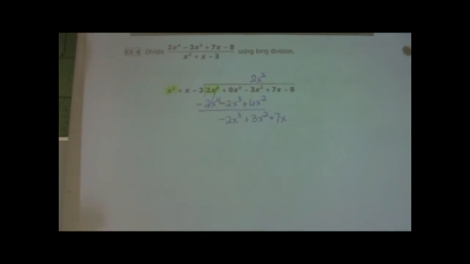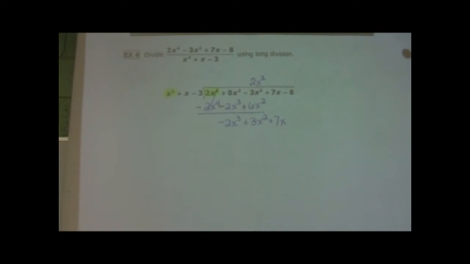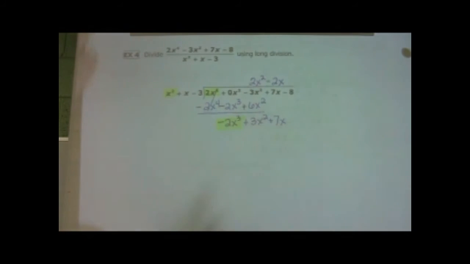All right? Now, I'm going to look at that x squared out in the front. What do I need to multiply it by to make it become negative 2x to the third? And the answer to that is negative 2x. So that's what goes up here. Negative 2x times x squared is negative 2x to the third.